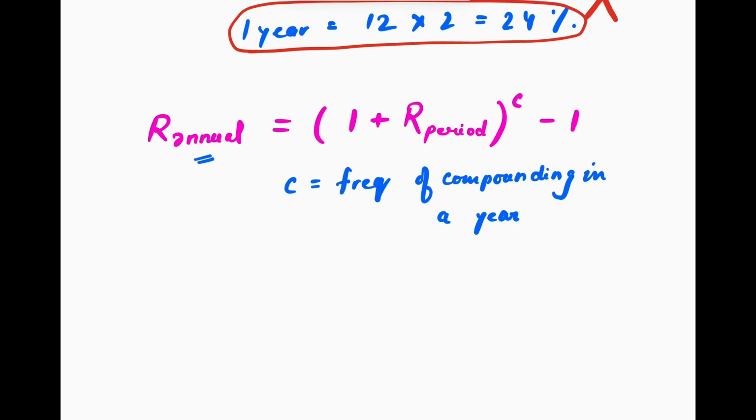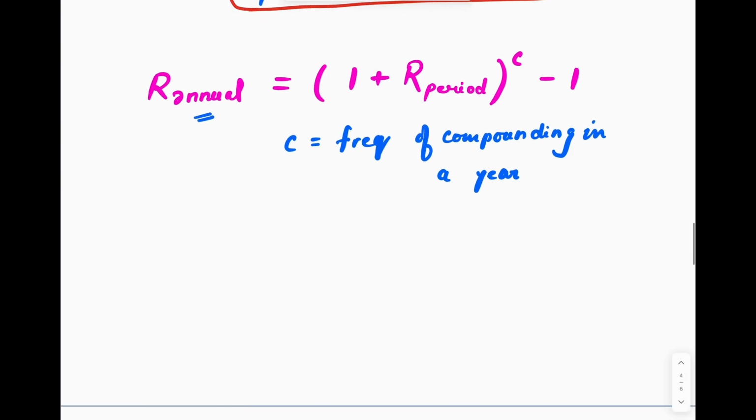Let's understand it through some simple examples, not question examples. If the return R is, say, 2% per week, how am I going to change it?